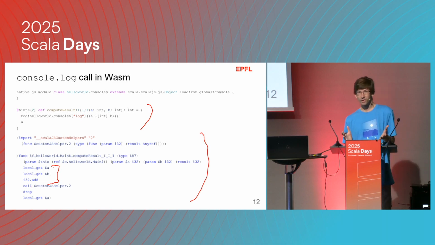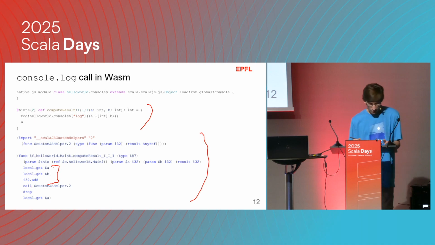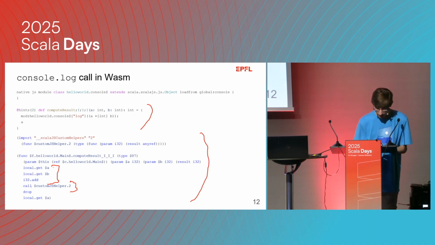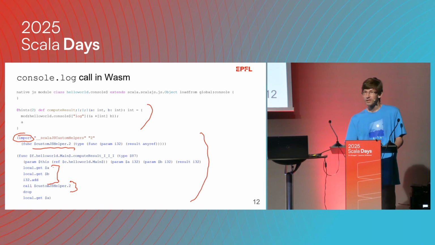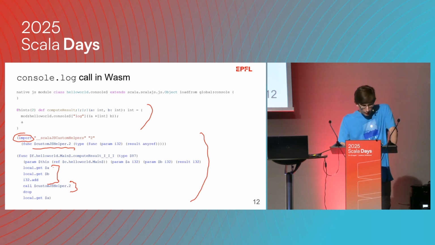But then I need to call console log. I don't have console log, I'm in WebAssembly, right? So what I do is I call this little helper here, which I have defined here as an imported function. Okay, so I import a function from the module Scala.js custom helpers that has the name 2.